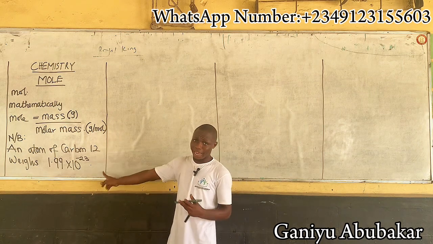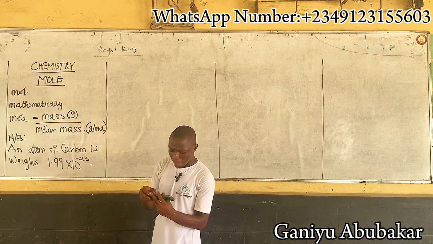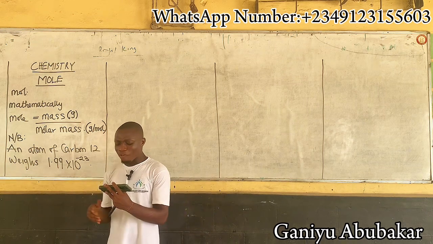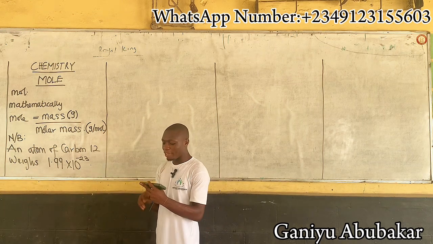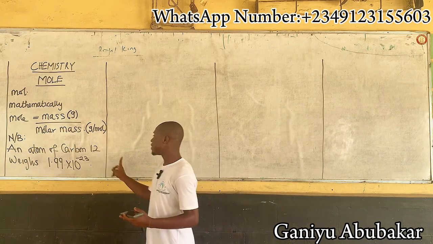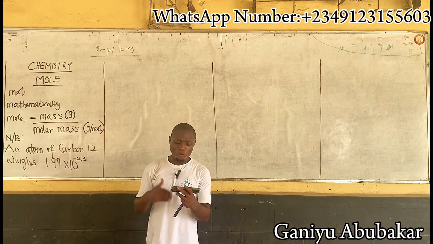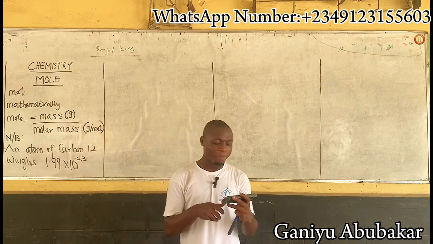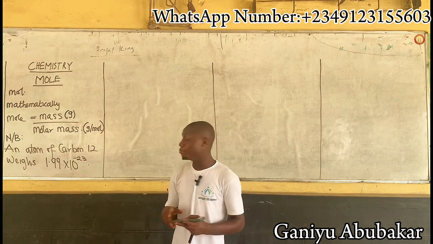What does this imply? This implies that the number of carbon atoms in 12 grams is equal to the mole. So I'm saying that the number of carbon atoms in 12 grams is equal to the mole.